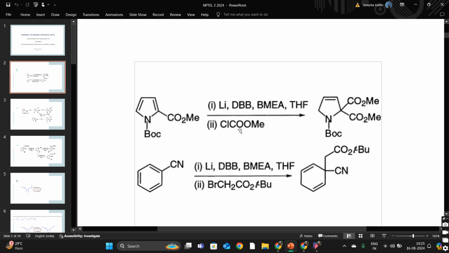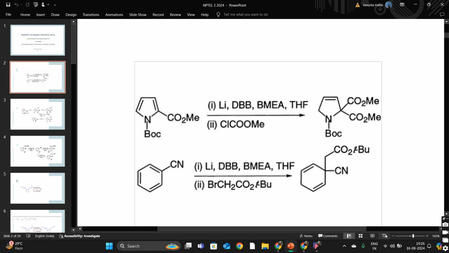Definitely chloride is a better leaving group than methoxy. So when the anion formed at this position attacks this carbonyl, the chloride group will get eliminated and you will get this desired product as the product of your Birch reduction.